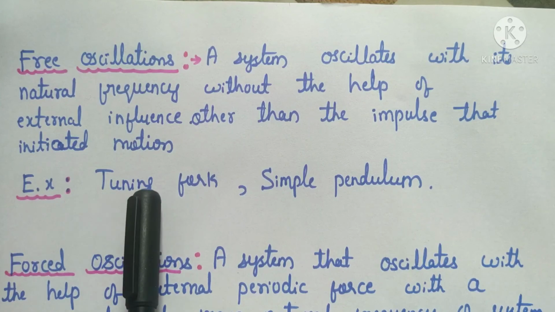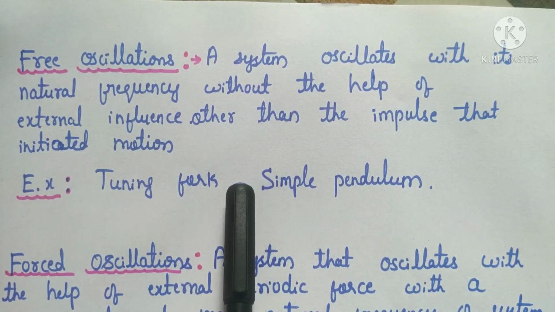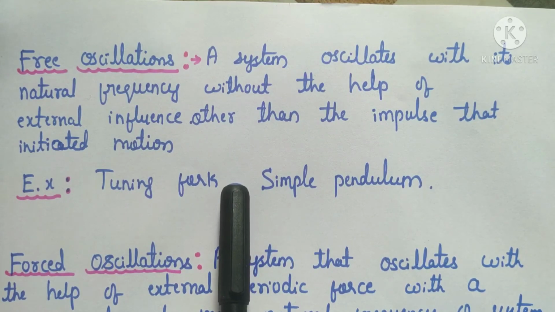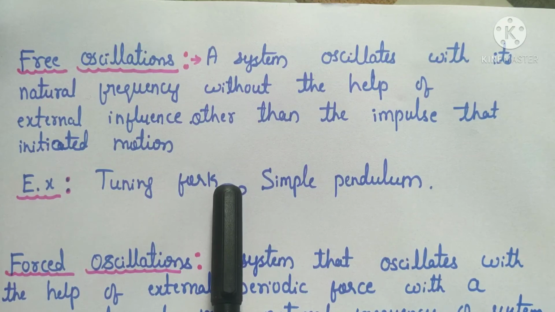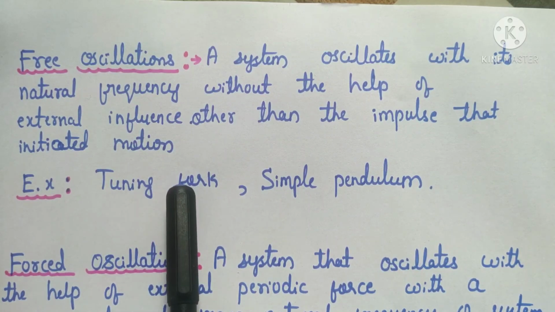For example, if you take a tuning fork, strike it with a rubber pad and hold it, the prongs of the tuning fork vibrate with their natural frequency without the help of external influence. That is an example of free oscillation.